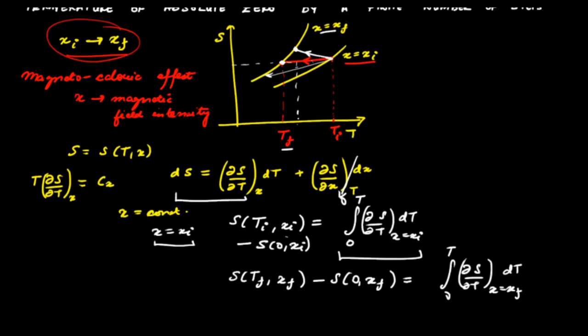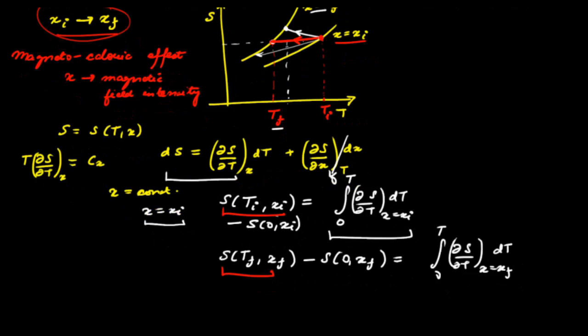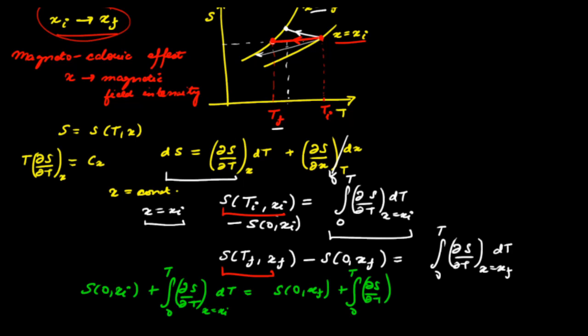So in an adiabatic process, if we change the variable from Xi to Xf through a reversible adiabatic process, that is at constant entropy, we will get the maximum cooling effect. And that means if we equate the entropy at this state and this state, what we will get is this equation.